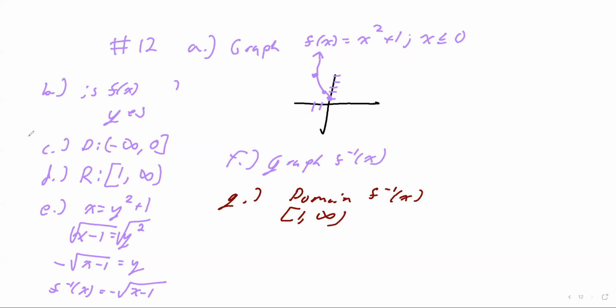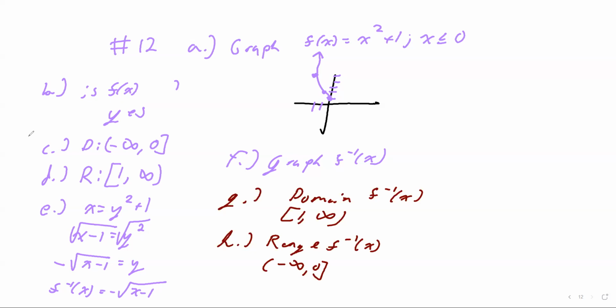Very good. All right. And what is the range? Very good. All right, and I skipped F to do those two to make it a little bit easier.